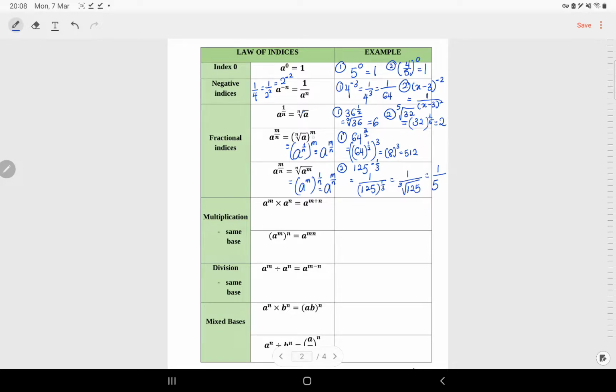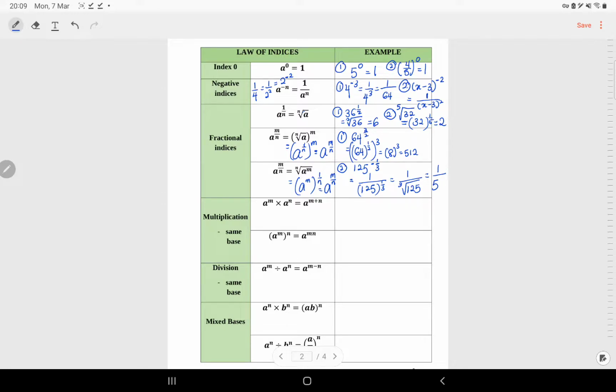This can also be expressed in this form, root n of a to the power m. Have a look at the example and try to relate it to the indices and the laws of indices. I think when you look at the example, it explains better.